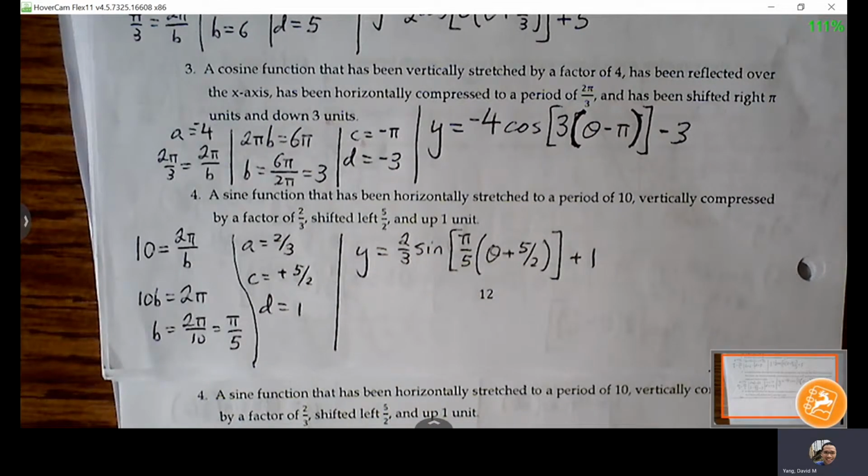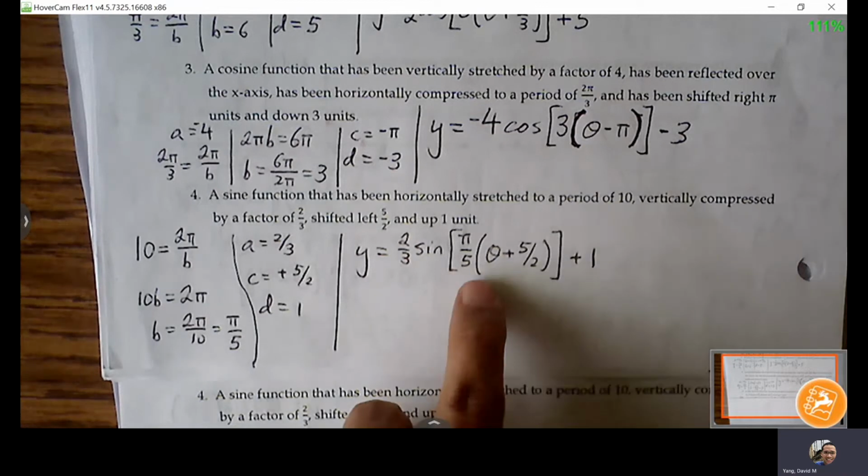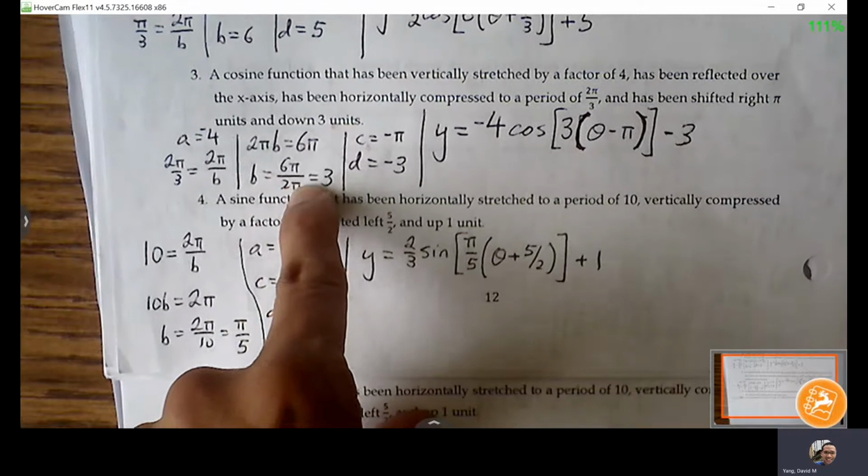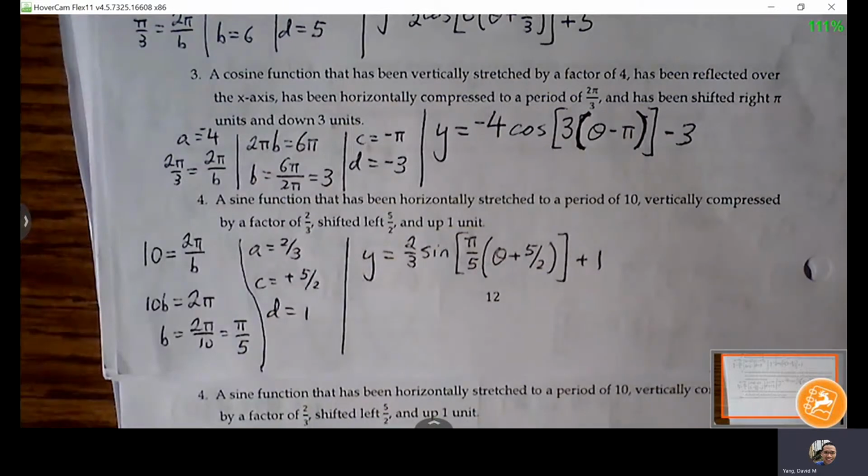Yes. So, what about like horizontally compressed? Right. So horizontal compress, horizontal stretch. We don't have to worry too much about that. We're going to be able to just solve that out just by knowing what our period is and knowing what our interval is. So I think all that will just sort itself out.